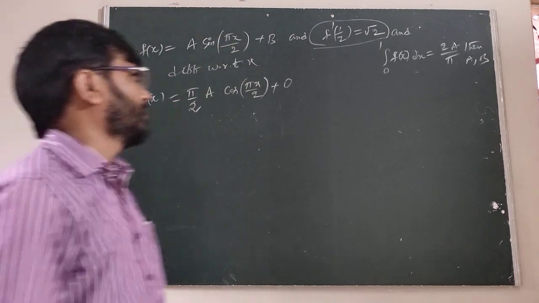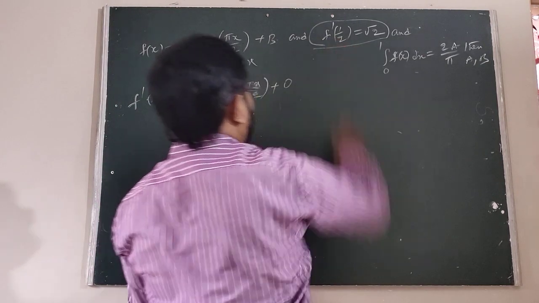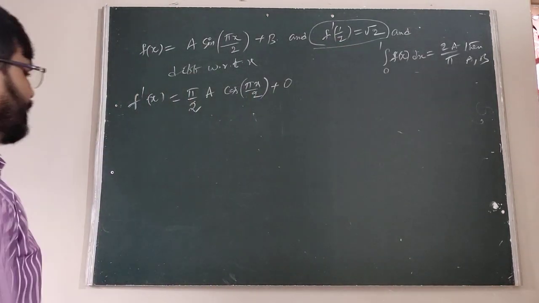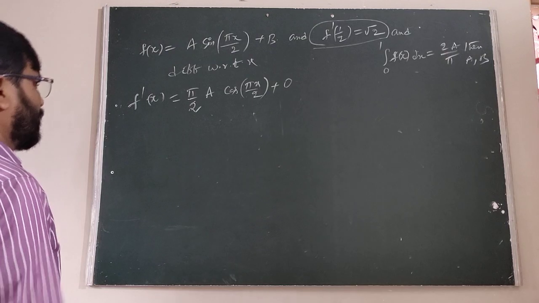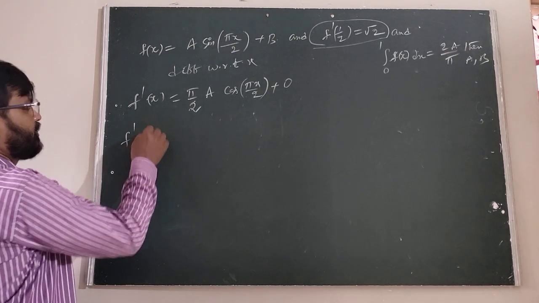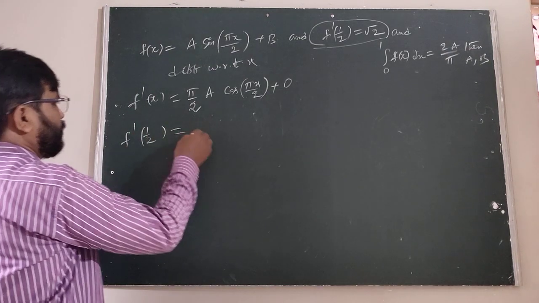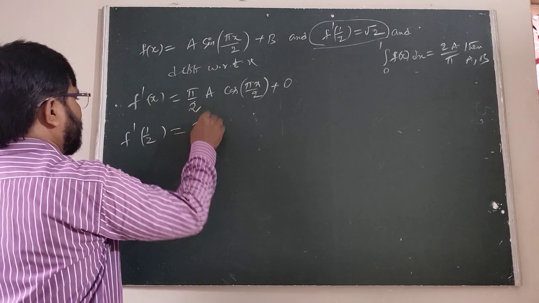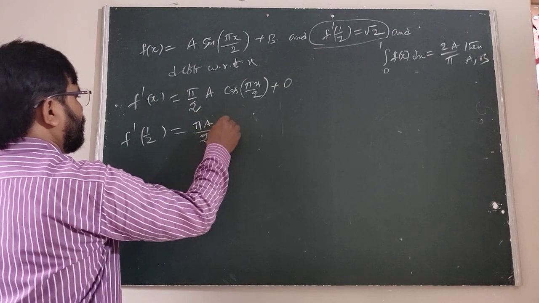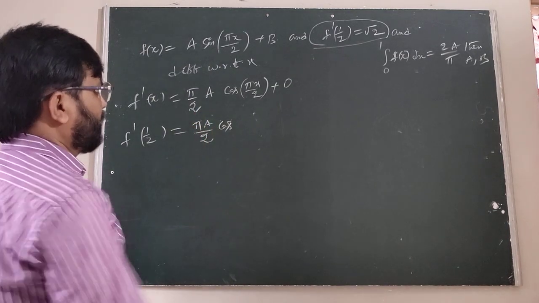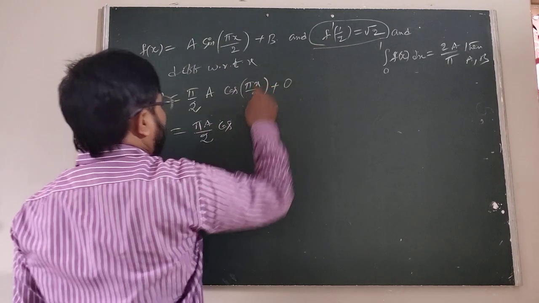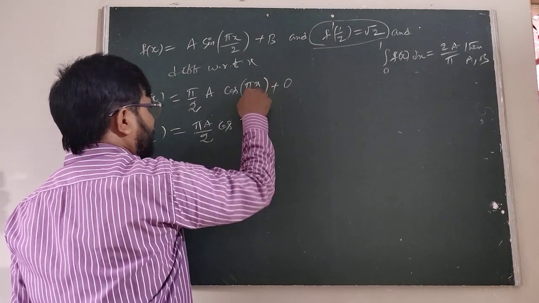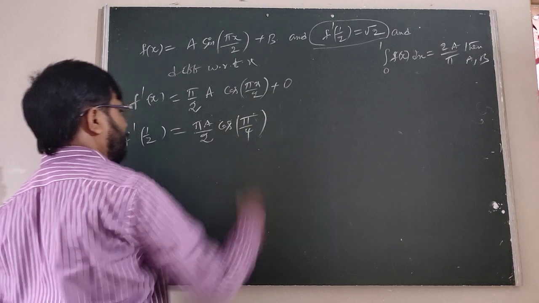Now we take on both sides x equal to 1 by 2. Now f dash of 1 by 2 equals pi a by 2 cos of, taking x equal to 1 by 2, this is 1 by 2 into pi by 2, that is pi by 4.